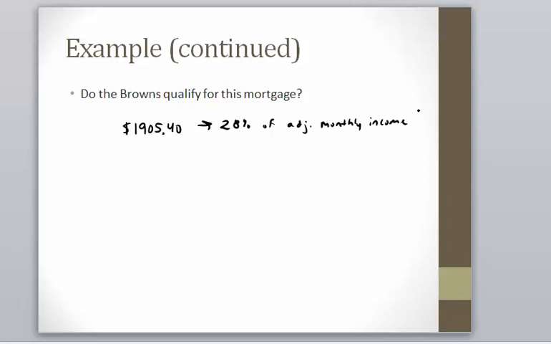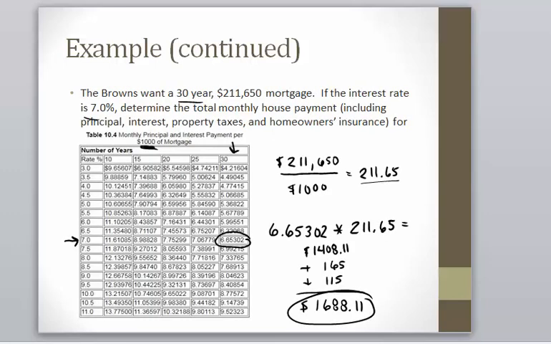And then in Part B, we determined that their monthly payment was going to be $1,688.11.